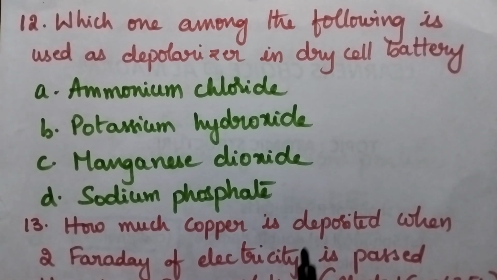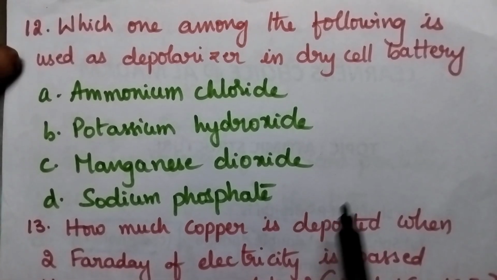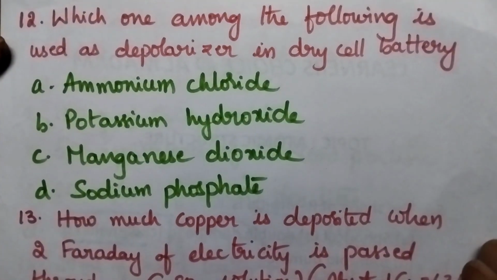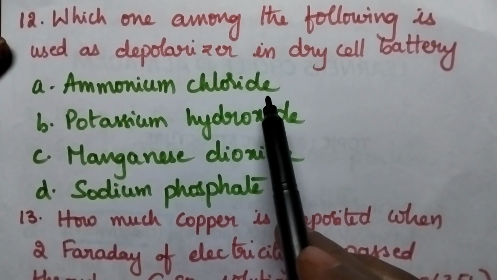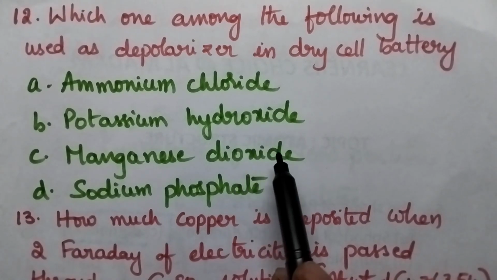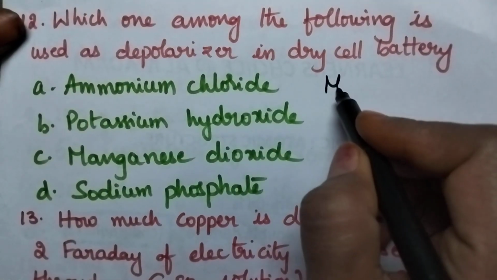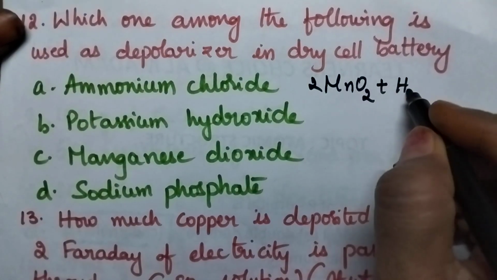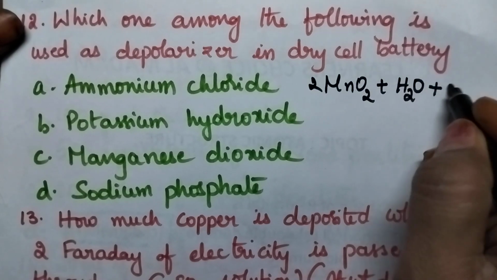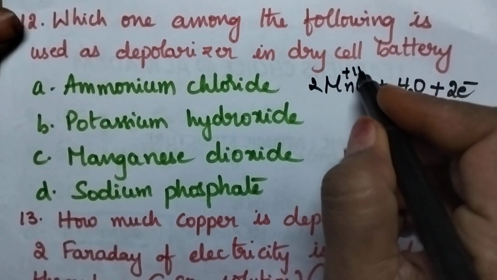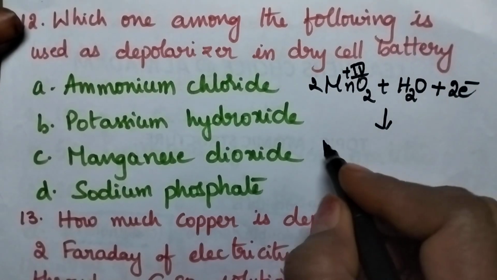Which one among the following is used as the depolarizer in a dry cell battery? So a dry cell battery consists of ammonium chloride, manganese dioxide, zinc chloride, but actually manganese dioxide will be reduced from +4 oxidation state to +3.